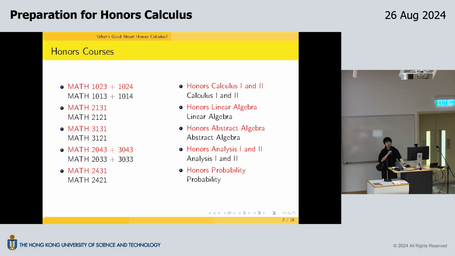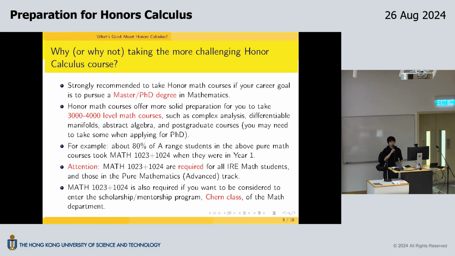If you take the normal version of calculus, then you will find it very hard to transition from the normal stream to the honor stream later on. Now I want to talk about why we should take the more challenging honor calculus course, and who should take it.